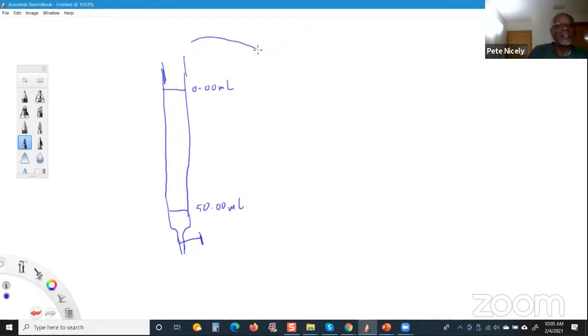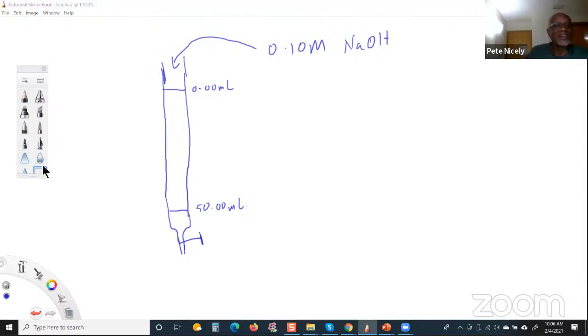So basically, you would add one liquid here. Now, in this example, I'm going to use a base. So let's say the base is 0.10 molar sodium hydroxide. So that's your base.